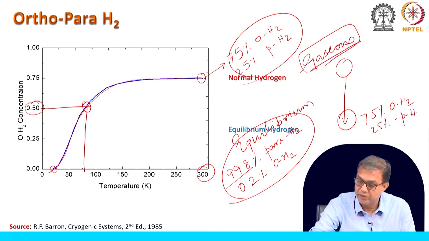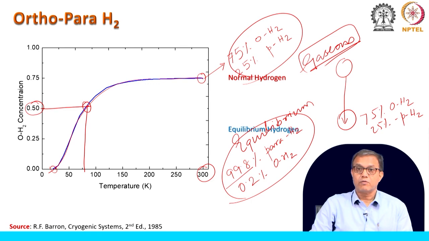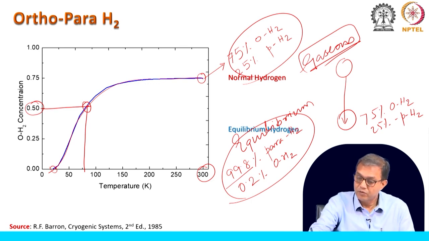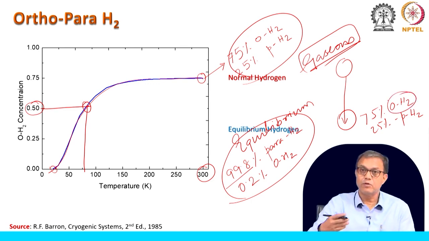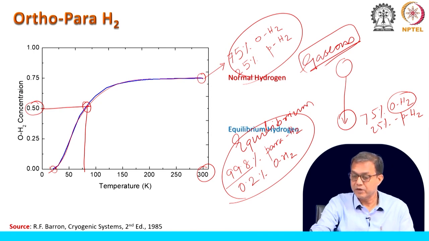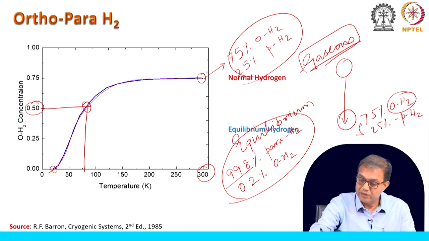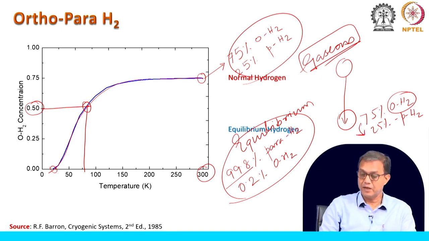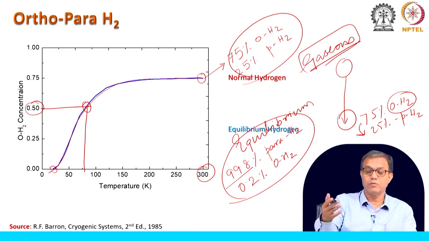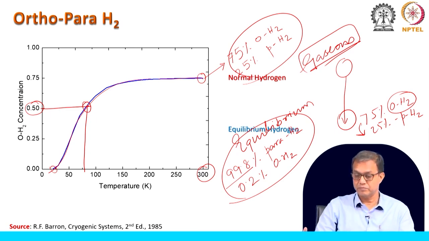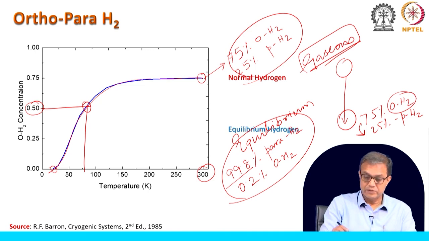It is also possible, but at that time this orthohydrogen will slowly try to convert itself to parahydrogen. As a result, it will release some amount of heat, and that heat will try to evaporate the liquid which has been produced. So that is not desired.